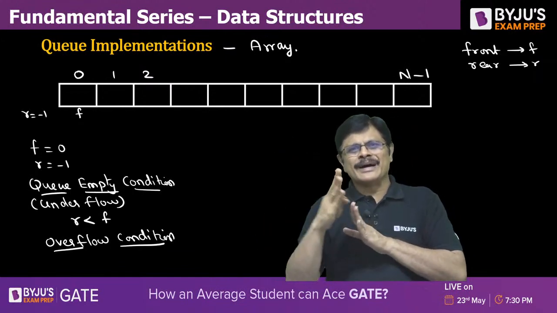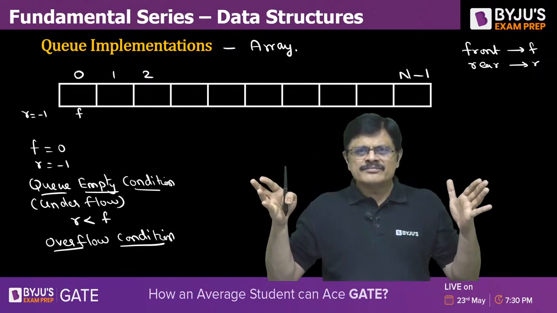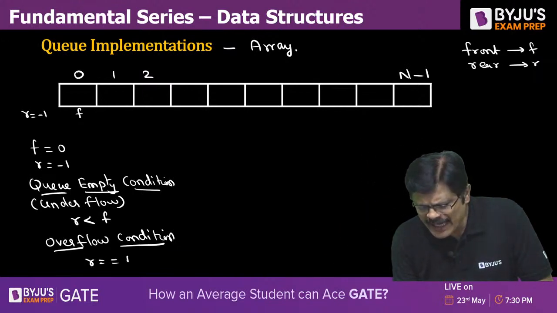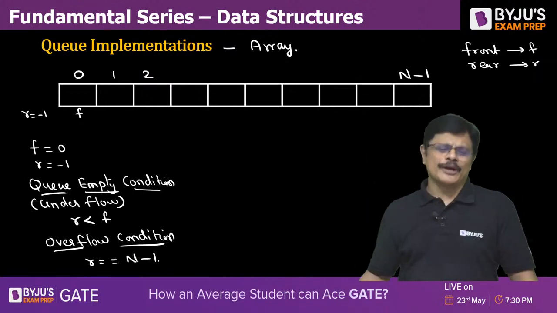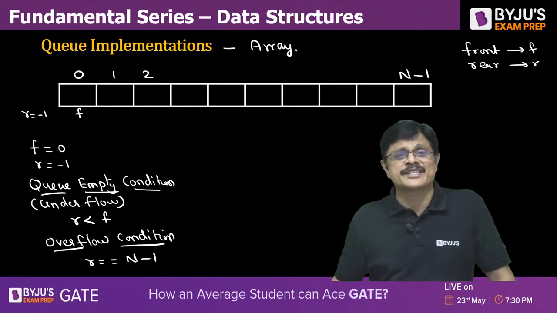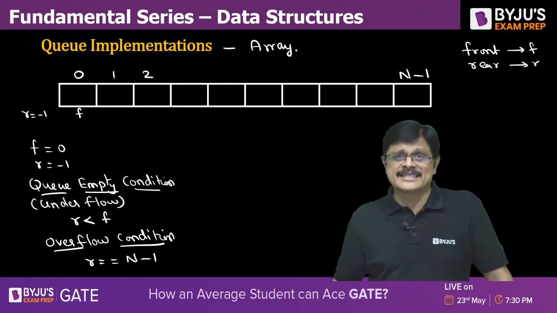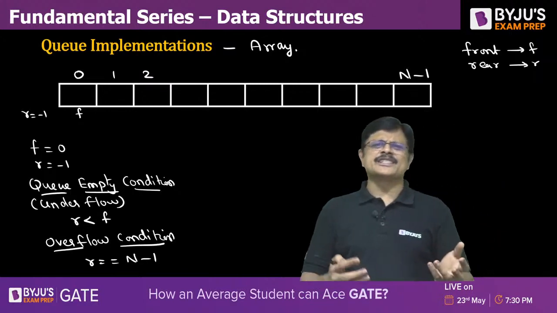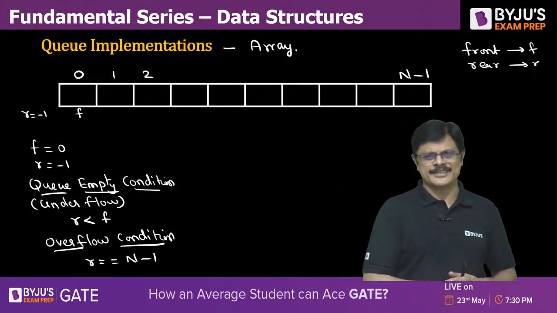So once you reach the end of the array, you cannot insert anymore. So rear equal to n minus 1 is the overflow condition. All these are very straightforward questions which they can ask in examinations, especially when you are preparing for NIELIT kind of examinations.